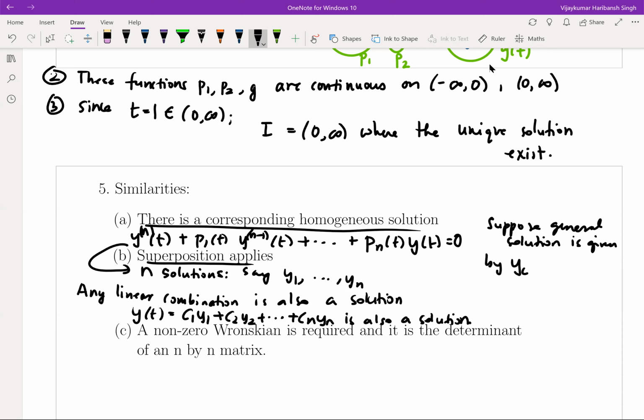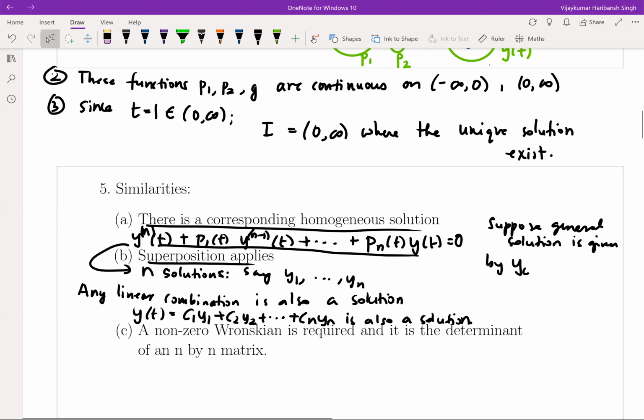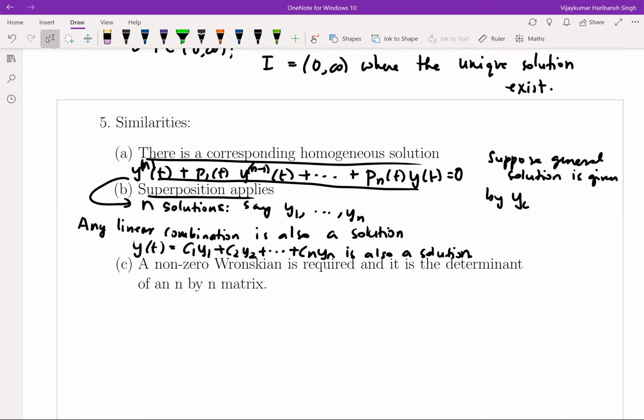All right, and the proof will involve basically repeating the proof you had for the second order differential equation. Take n derivatives and substitute in this equation, and you can check that it's a solution. Now, these solutions form a fundamental set if the Wronskian is non-zero.